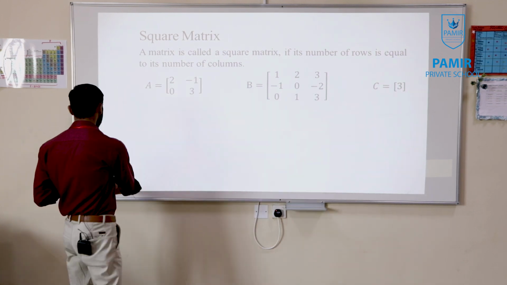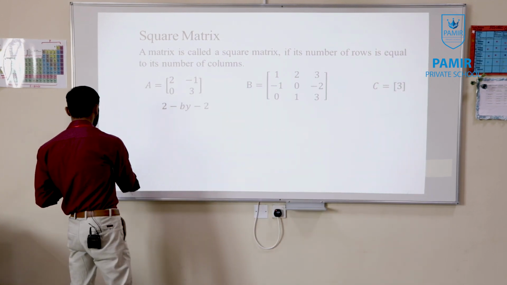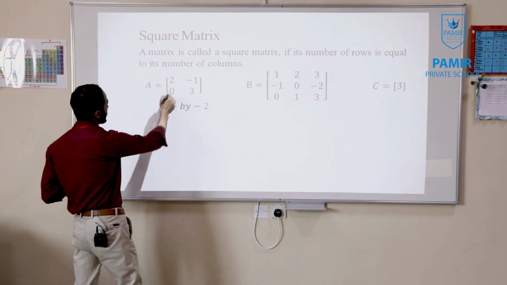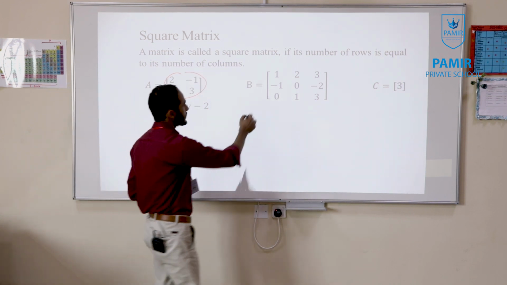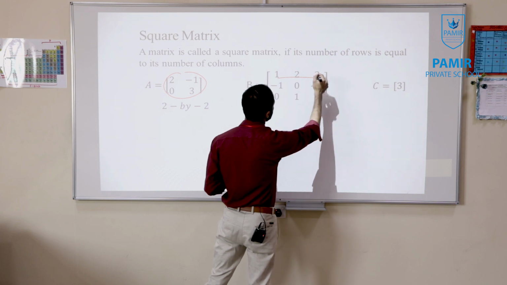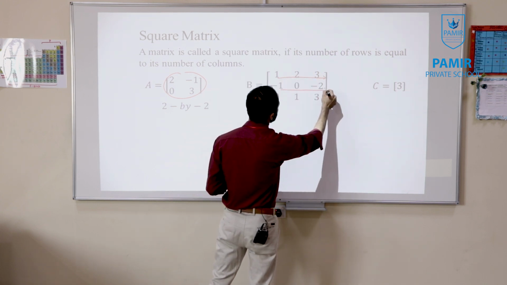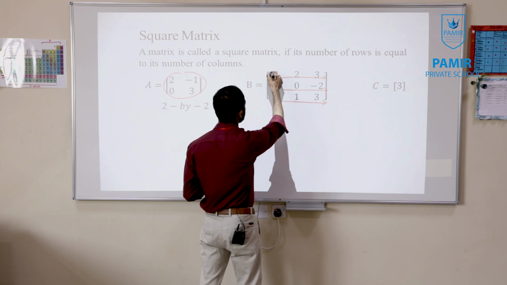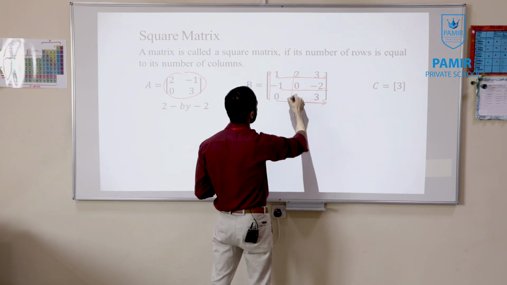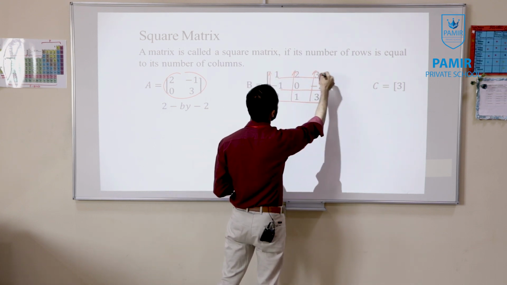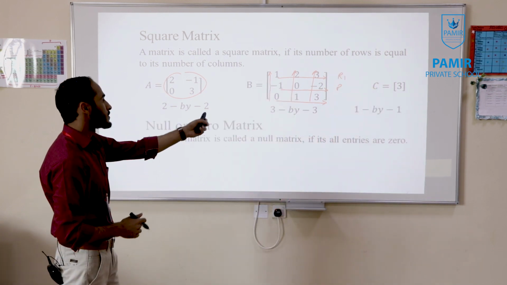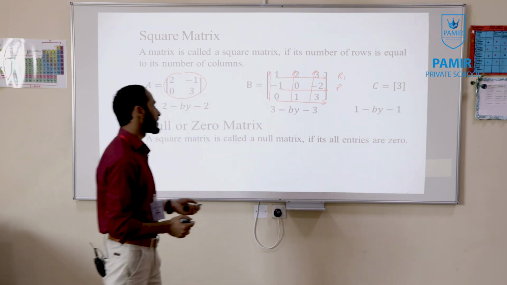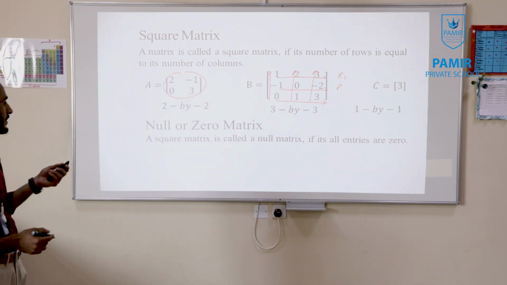Matrix A has 2 rows and 2 columns, and in the second matrix B we have 3 rows and 3 columns, written as R1, R2, R3. So the order of that matrix is 3 by 3, and then we have the null matrix.